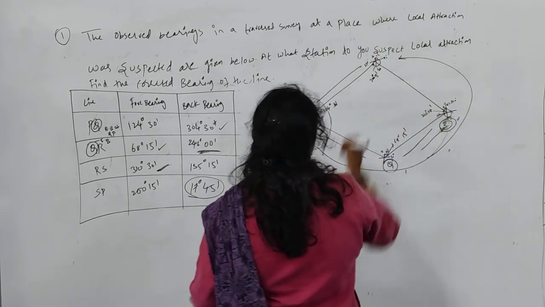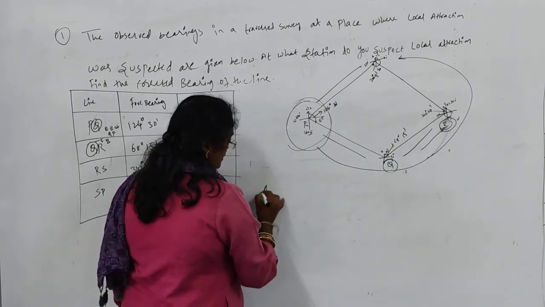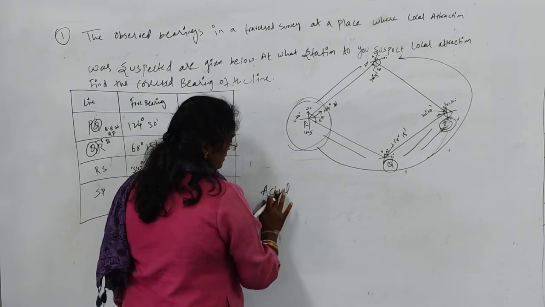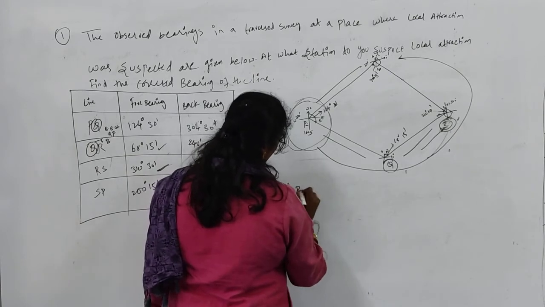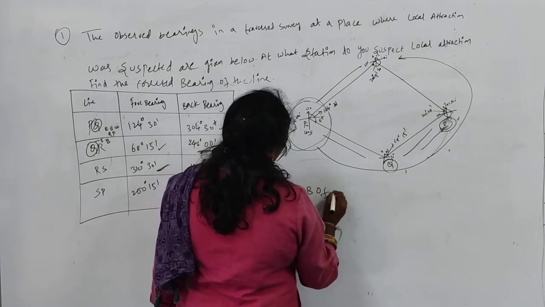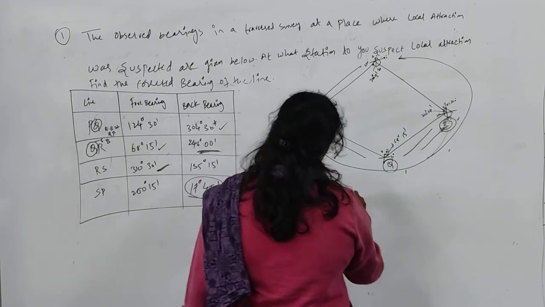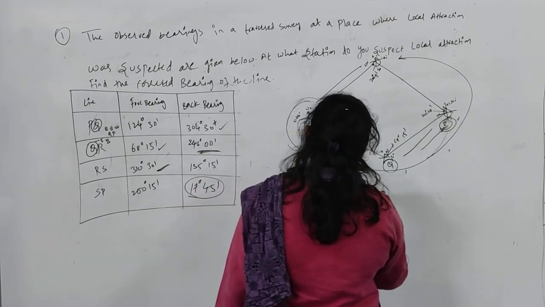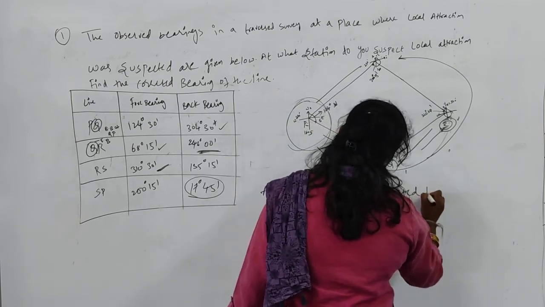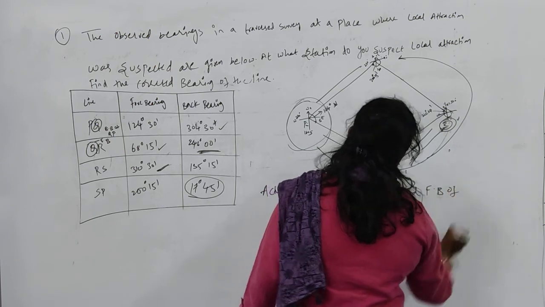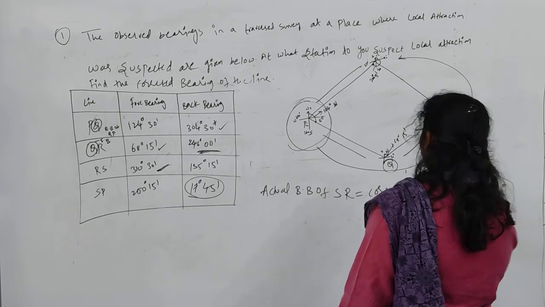Now we need to move to station S. Actual back bearing of SR should be, what is the formula for this one? Corrected forebearing of RS plus or minus 180 degrees.